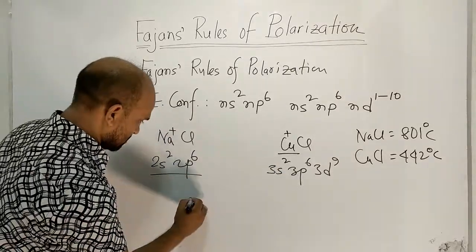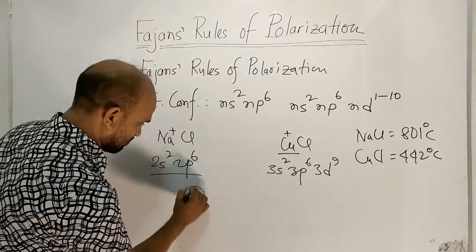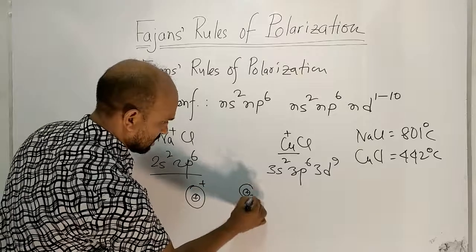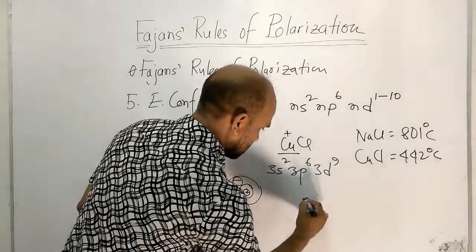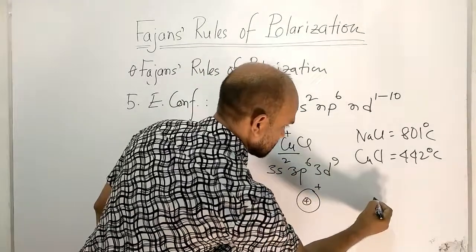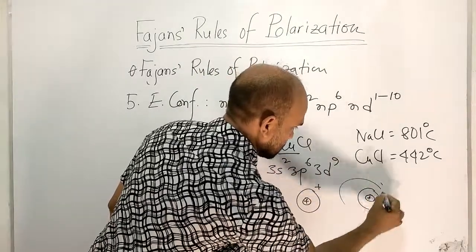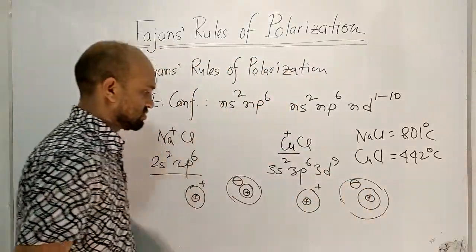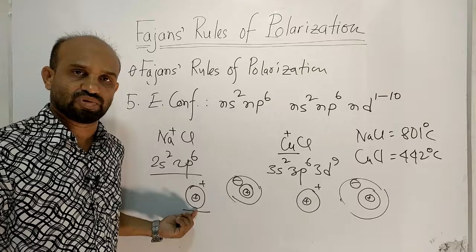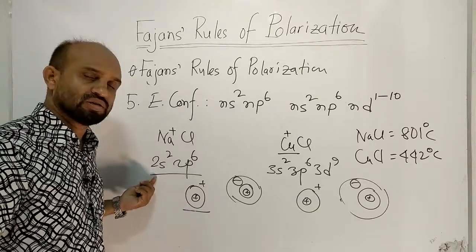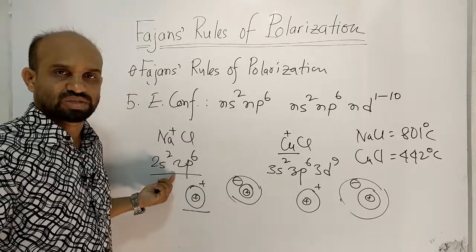Now let's see, this is suppose sodium plus, this is an anion, this is its electron cloud. Here copper plus, this is an anion, this is the anion's electron cloud. This is a stable ion which is octet fulfilled. Electronic configuration is 2s2 2p6.